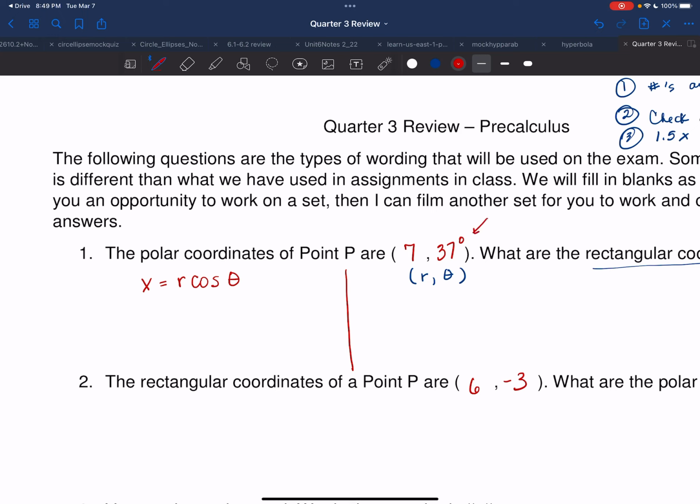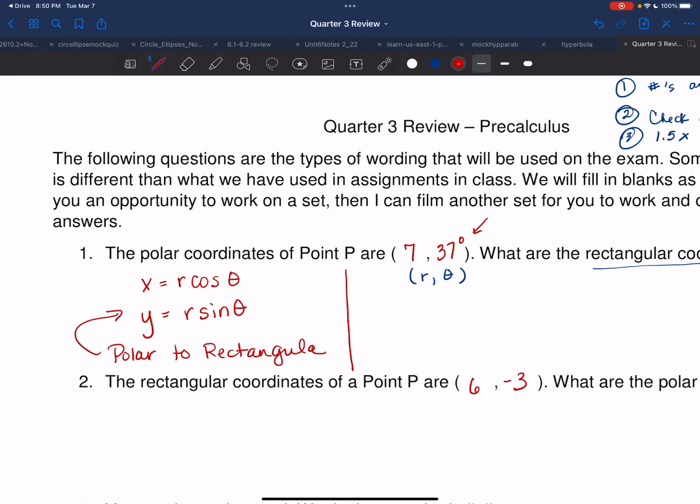Because our angle here is in degrees, please make sure your calculator is in degrees. Your y value is r times the sine of theta. So anytime you change polar to rectangular, this is the process you will use.